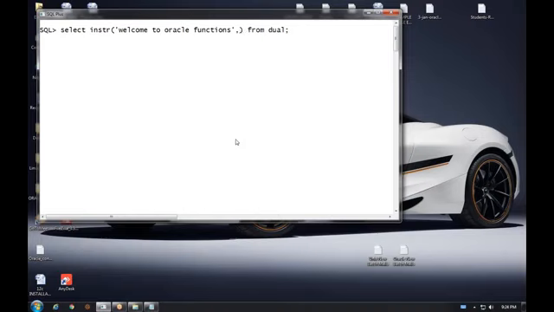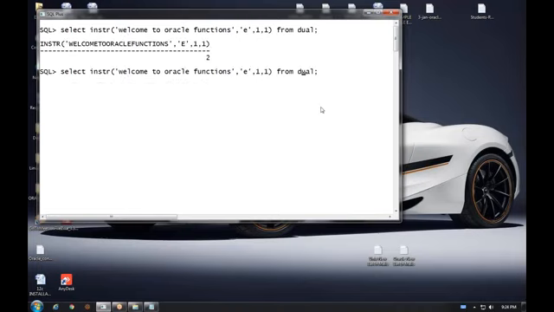From the beginning means, which character you want to find out? E. From the beginning, 1. First occurrence, 1. From the beginning of the string, find out the first position of E. This is the first position, which is nothing but 2. From the beginning, find out the second occurrence of E. 7.